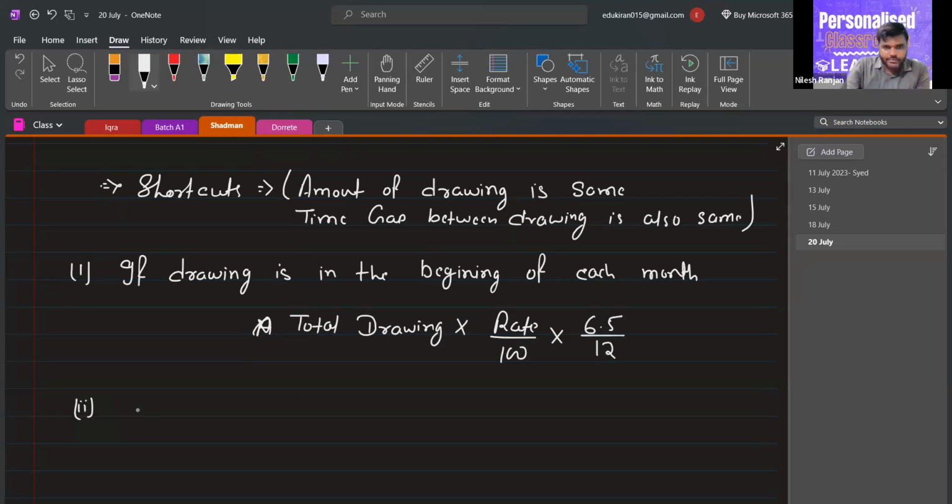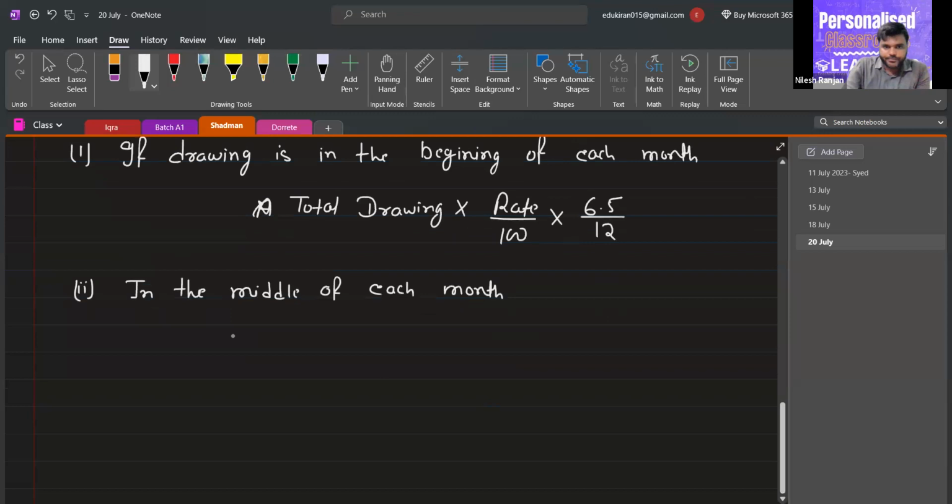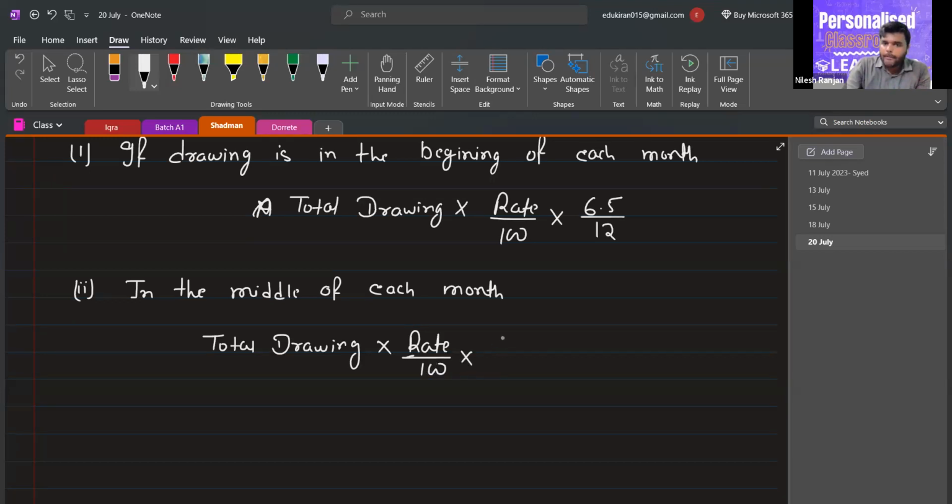The second is in the middle of each month. Then total drawing multiplied by rate by 100 into 6 by 12.